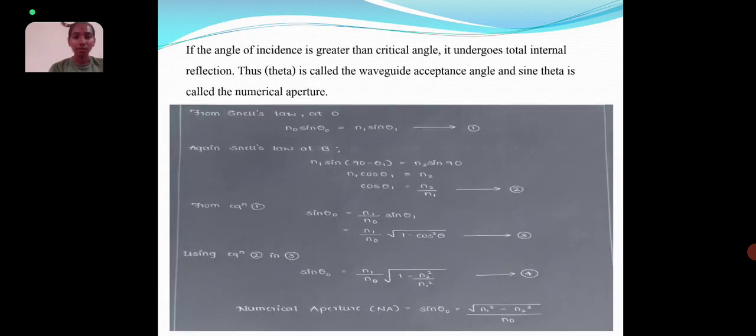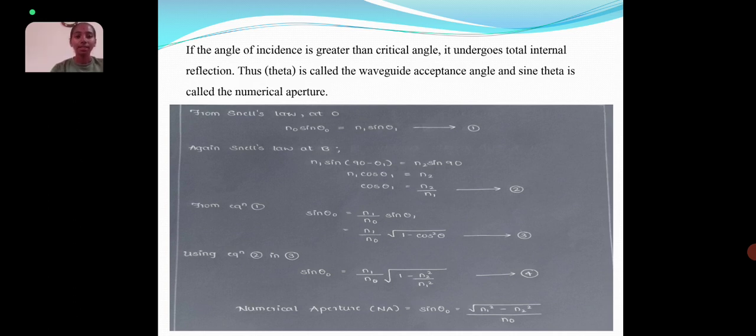If the angle of incidence is greater than the critical angle, it undergoes total internal reflection. Thus, theta is called the waveguide acceptance angle and sine theta is called the numerical aperture.